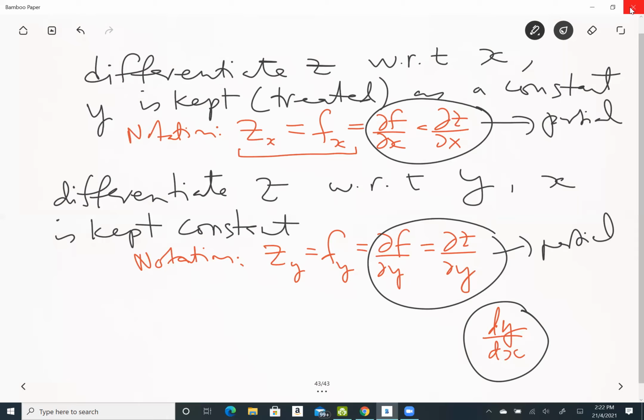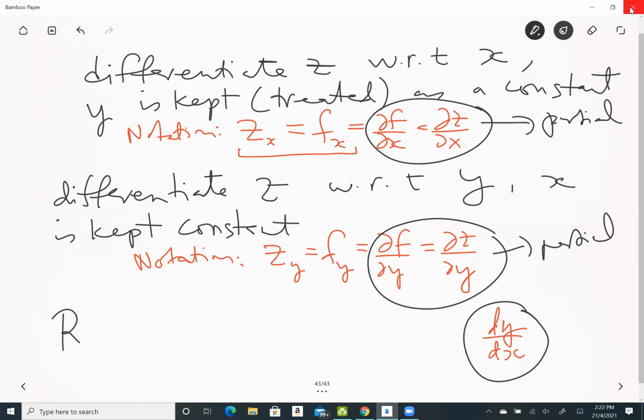Or sometimes we just commonly write zx, fx, zy, fy, and we know that the function consists of two or more independent variables. So this is the idea of partial derivative. Any question? Okay, good.